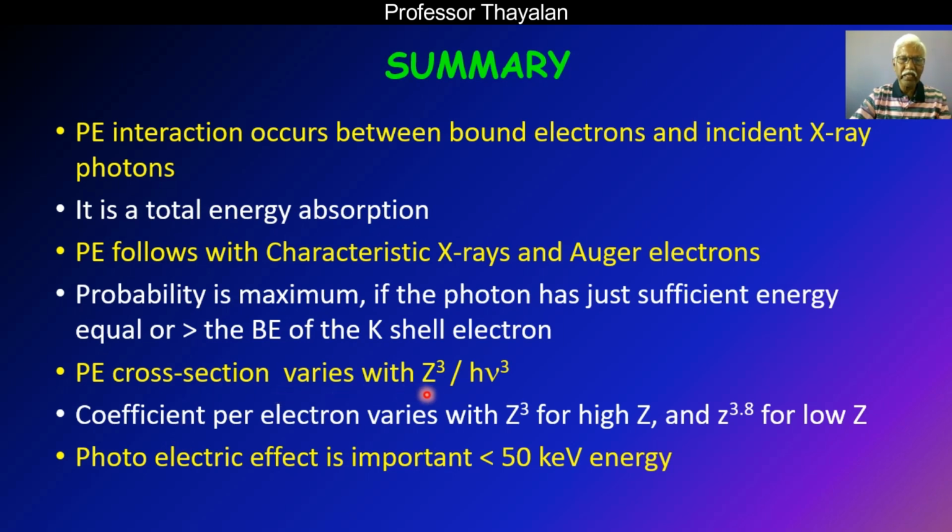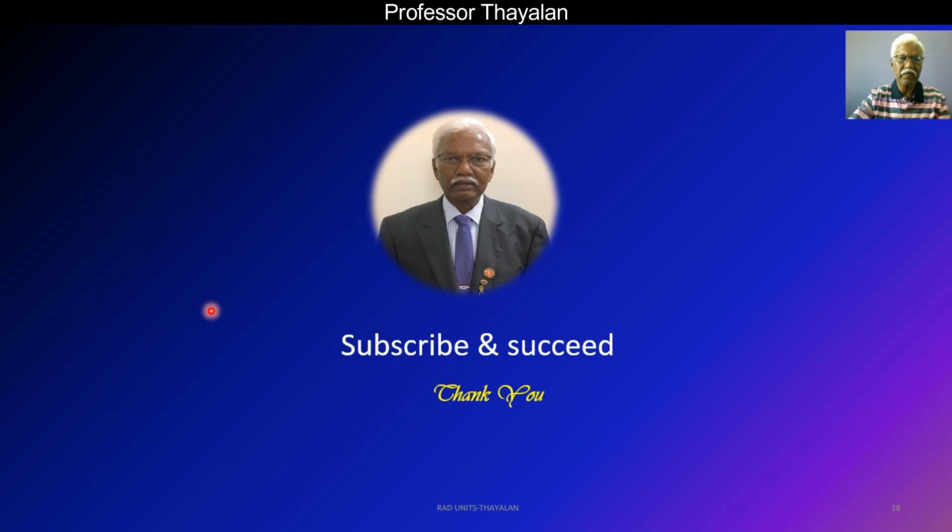Photoelectric cross section varies with Z to the power of 3 and inversely with the energy to the power of 3. The coefficient for the electron also varies with high Z and low Z. In high Z it is Z to the power of 3, in low Z it is Z to the power of 3.8. Photoelectric effect is very important at energies less than 50 kilo electron volt, especially in diagnostic radiology.